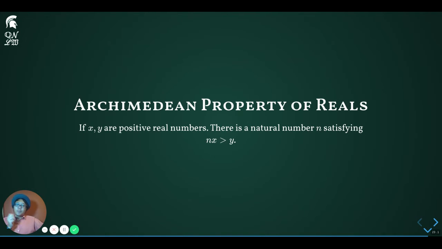Finally, as promised at the final lecture of last week, we will prove the Archimedean property of reals. It says that given positive real numbers x and y, there is a natural number n satisfying nx is greater than y. Notice that n is always a natural number. This is the power of the Archimedean property.